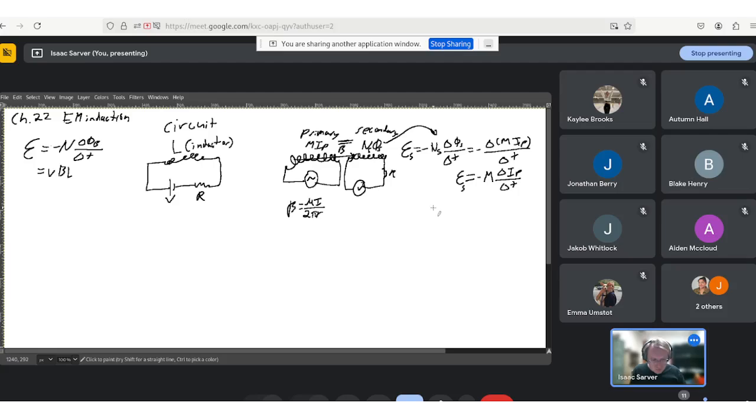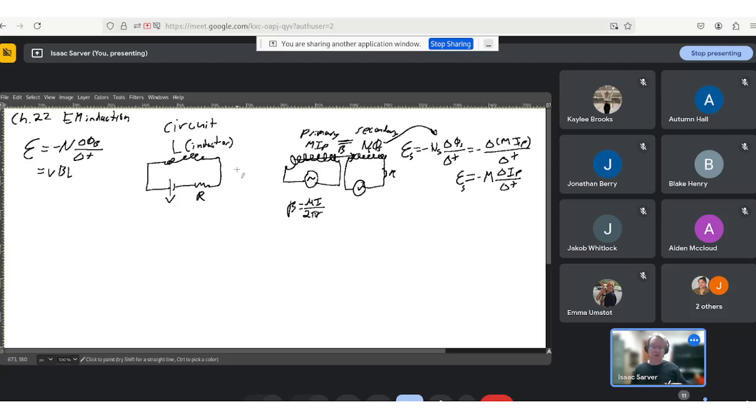Well, nobody said that the inductor couldn't induct off of itself. It produces a magnetic field, much like this guy does, and there's a magnetic field in itself.